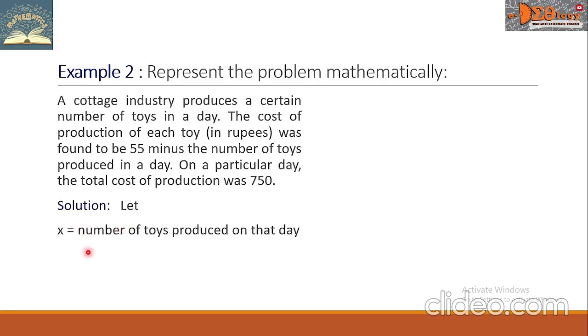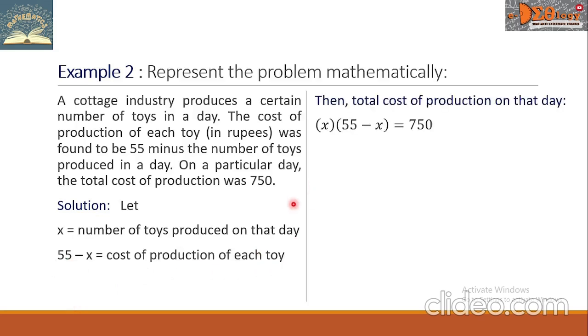We let x be the number of toys produced on that day, meaning 55 minus x is the cost of production of each toy. Then, the total cost of production on that day is x times 55 minus x equals 750.